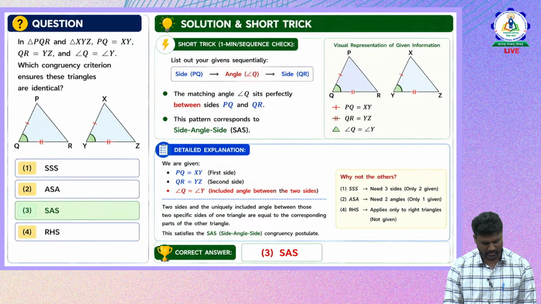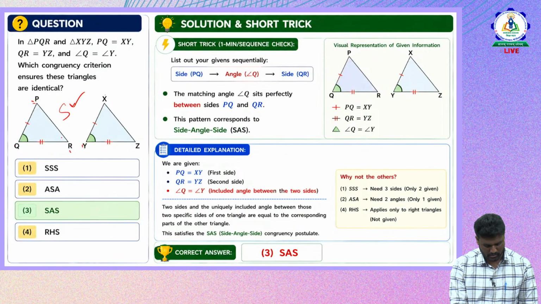Now if you see, in triangle PQR and triangle XYZ, PQ is equal to XY, that means one side is satisfied here. And QR is equal to YZ, so another side is also satisfied. In between, angle Q is equal to angle Y.